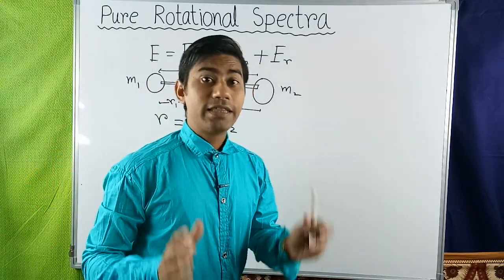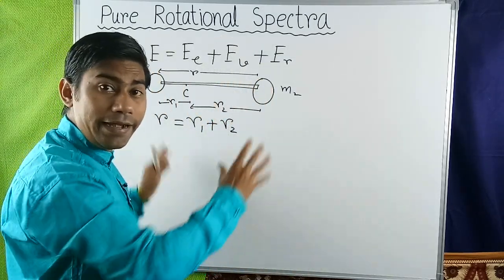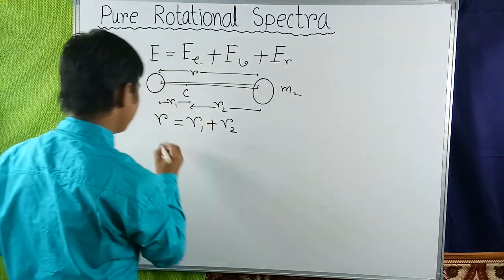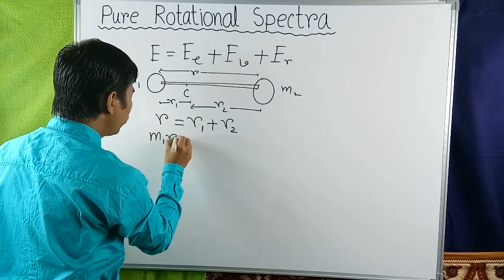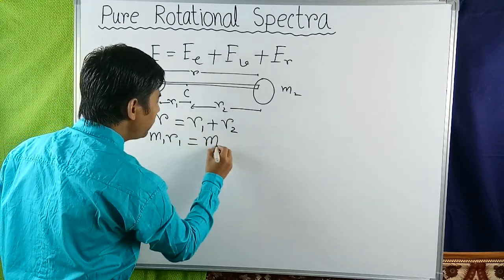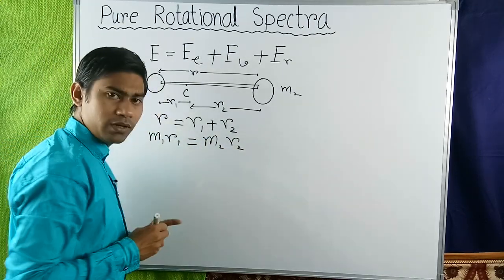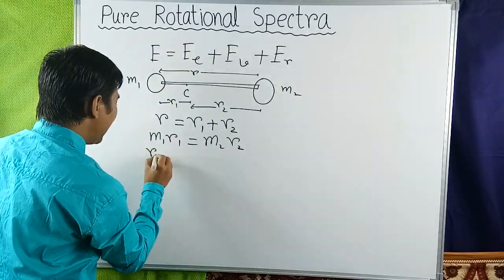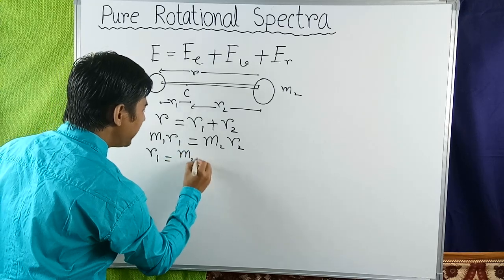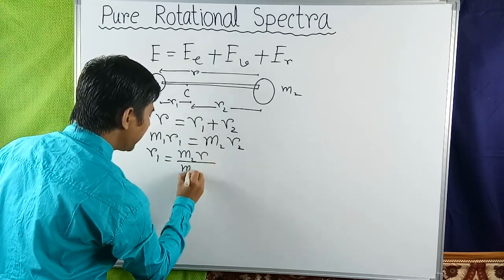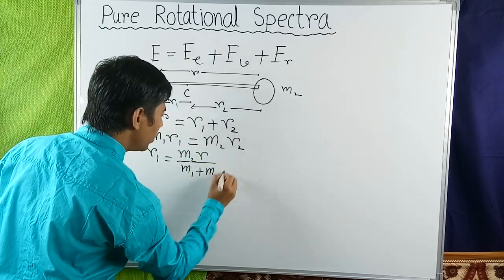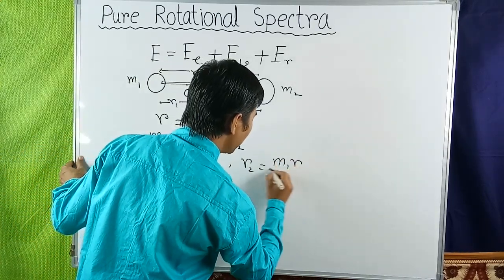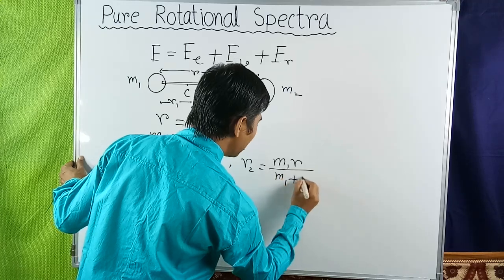Now since the molecule rotates end over end about C, we may write m1 r1 = m2 r2. Solving these two equations, we get r1 = m2 r/(m1 + m2), and r2 = m1 r/(m1 + m2).